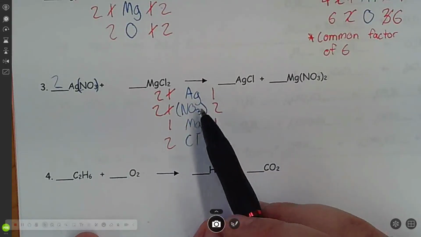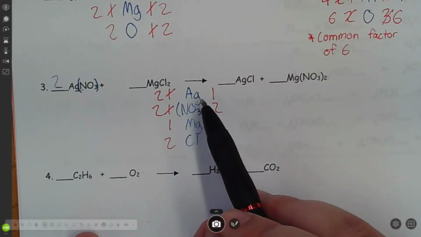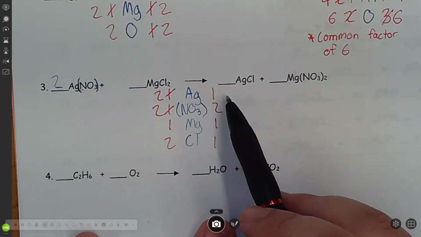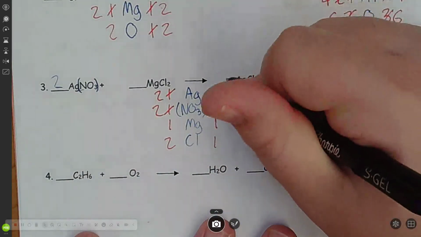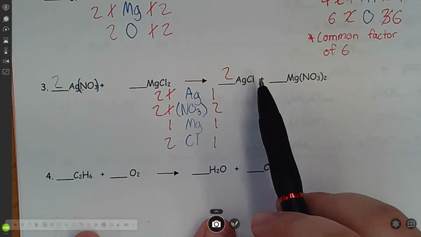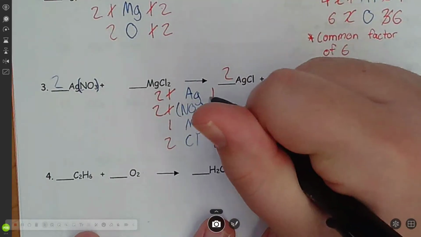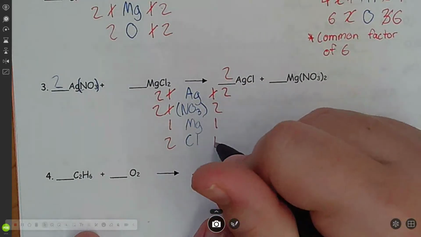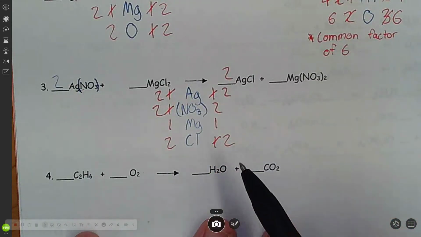So now NO3 is balanced, but we threw off Ag, so let's fix that one real quick. Now that we've got 2 on the left side, we also want 2 on the right side, so we're going to give this one here a 2. That 2 applies to both Ag and Cl. So that's going to turn our Ag into 2, and it's going to turn our Cl into 2.